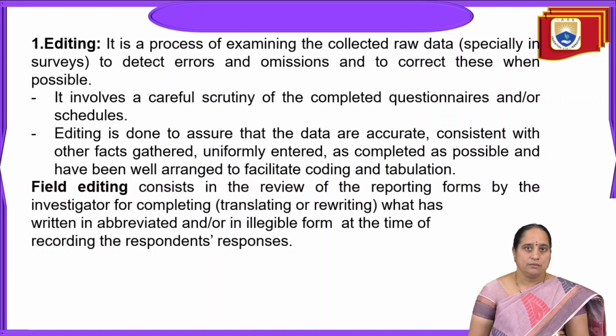So to detect errors and omissions and also to correct these when possible, that process is known as editing. It involves a careful scrutiny of the completed questionnaires and also schedules.